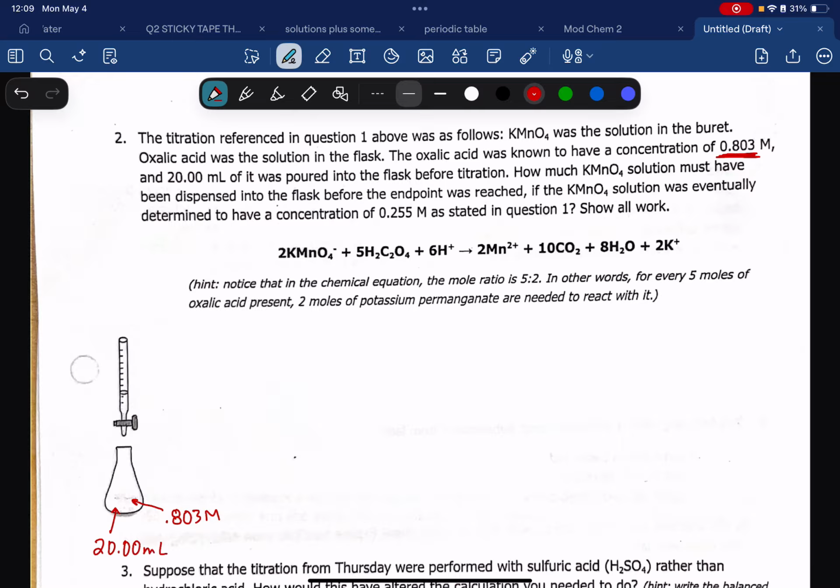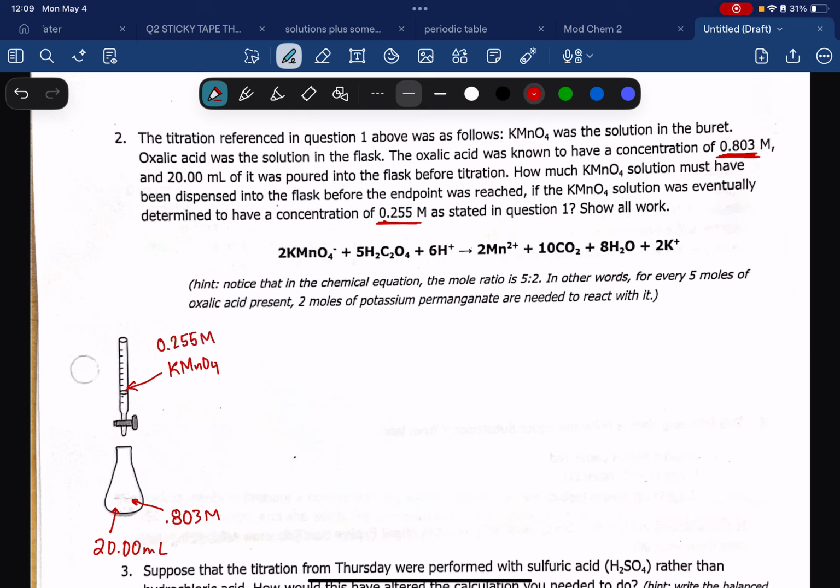And then the flask or the solution is titrated with potassium permanganate solution. So in here I have my KMnO4, and the concentration of my KMnO4 solution is 0.255. So I'll label that as well.